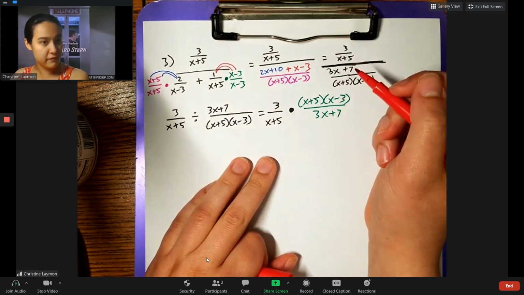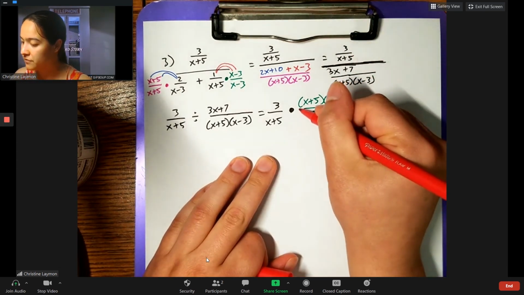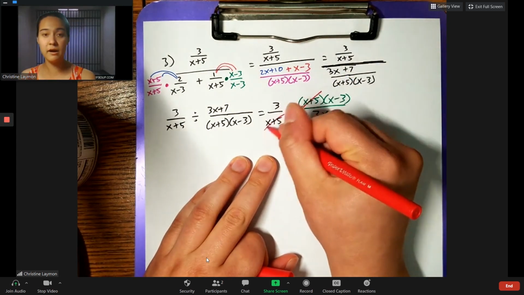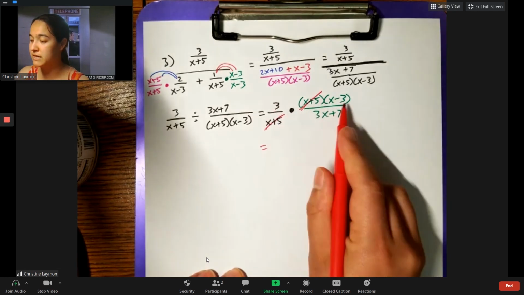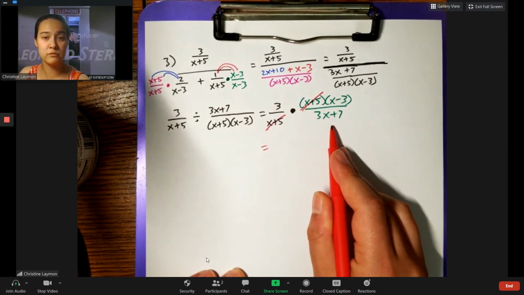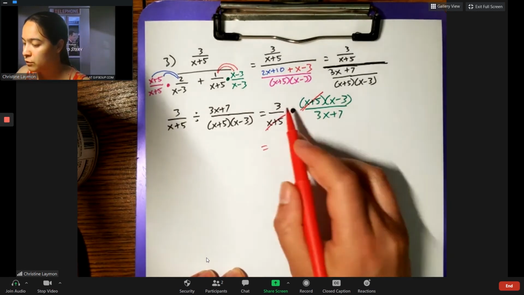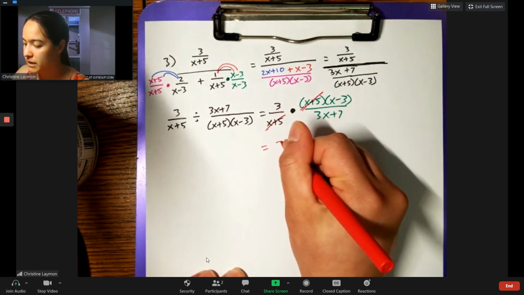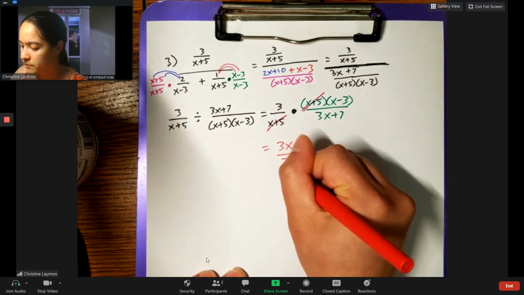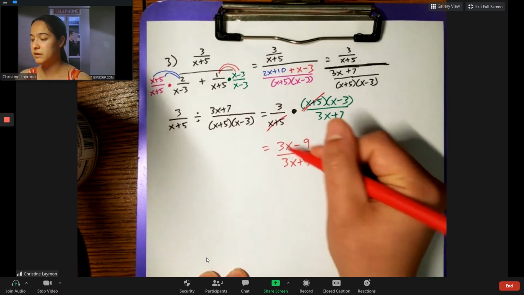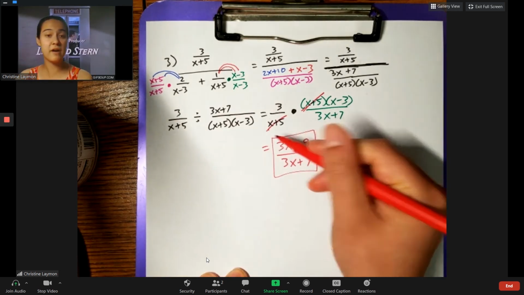So basically, if I divide top and bottom by x plus 5, these here are now gone. I will be left with 3 times (x minus 3), and the bottom will be 3x plus 7. Well, 3 times (x minus 3) is 3x minus 9, and the bottom is 3x plus 7. So this part here is as simplified as I can.